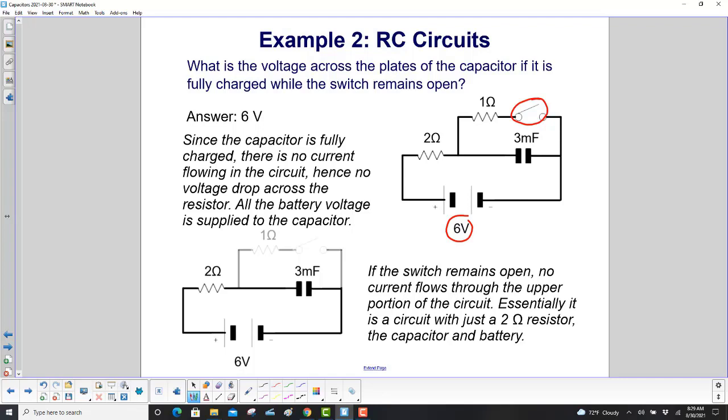All the battery voltage is supplied to the capacitor. So as the switch is remaining open, no current flows through the upper portion of the circuit. So essentially, you have a circuit with a 2 ohm resistor and a 3 millifarad capacitor and the battery. There's your circuit, but there's no current flowing because it's fully charged.